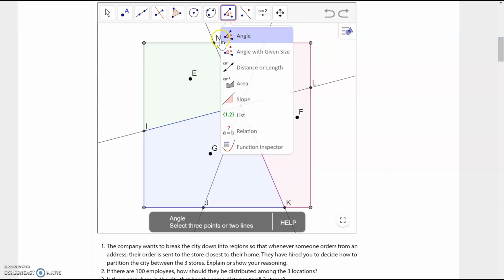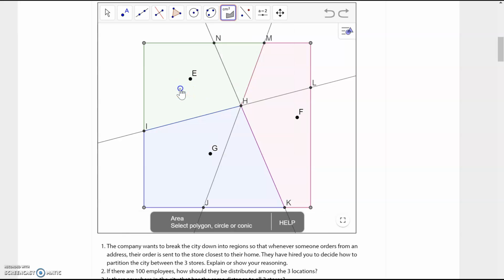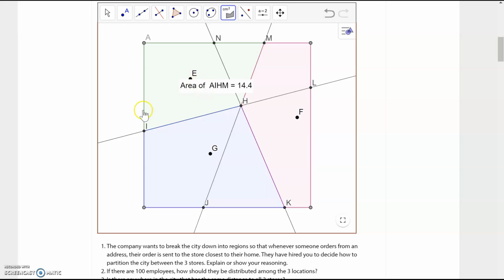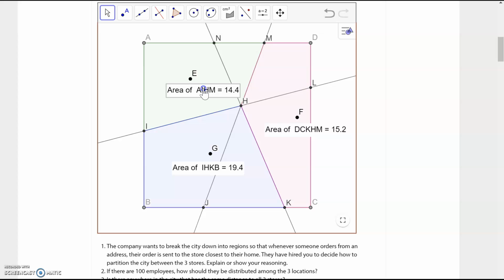If I come over here to where my measurements are, where I could take an angle measure or distance or length, I want to find the area and just click the part where I want to find the area. Just click the area and it calculates it for you. So here we have these 3 areas. Okay, those are our 3 areas.